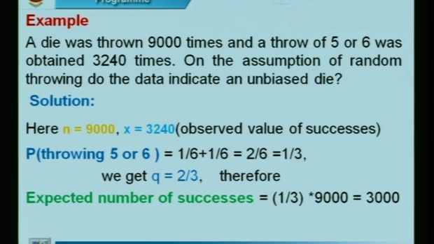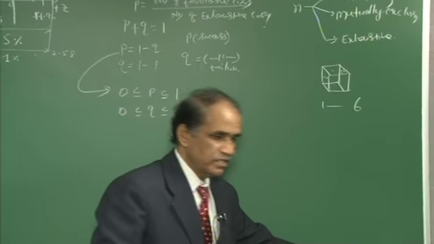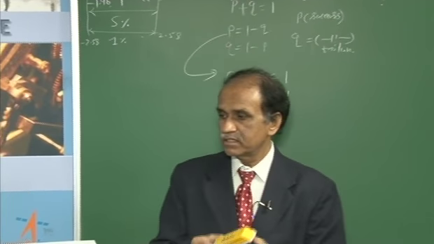That is, there is a choice of expecting 5 on the upper surface or expecting 6 on the upper surface, not both at a time, but once 5 you are getting, another time 6 you are getting. What do you mean by that probability? For example, you can assume this itself as a die.